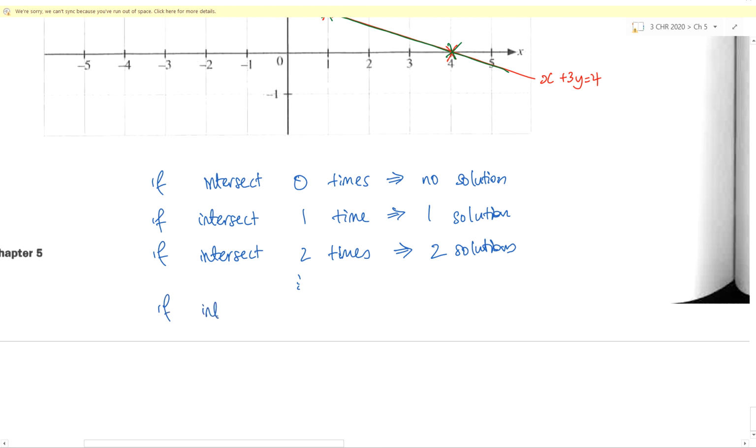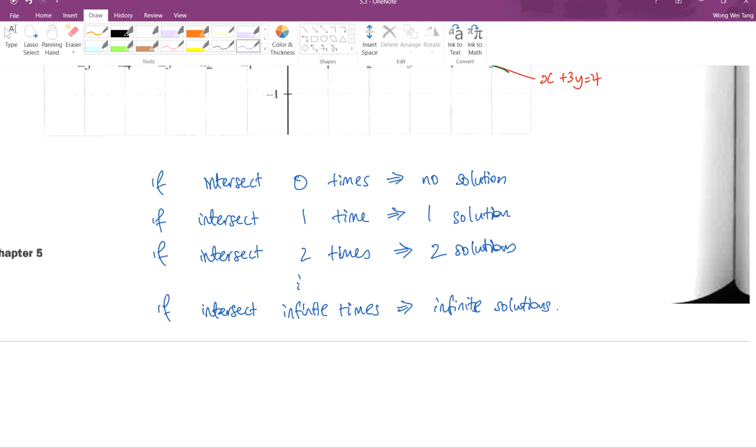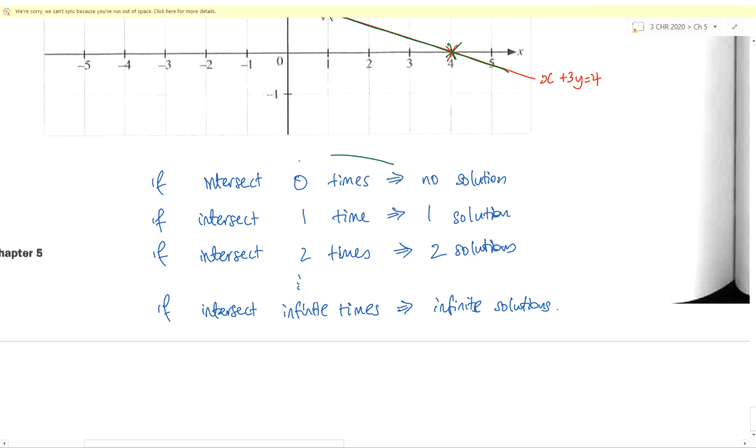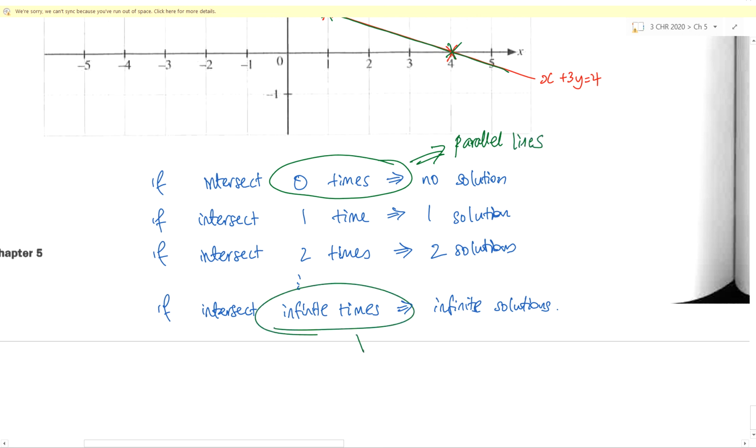If they intersect infinite times, it means infinite solutions. So here, when they intersect 0 times, it means parallel lines. Intersect infinite times means they are the same line.